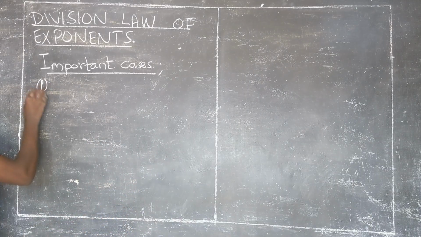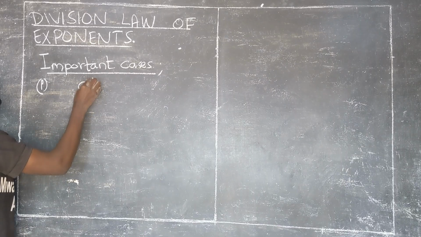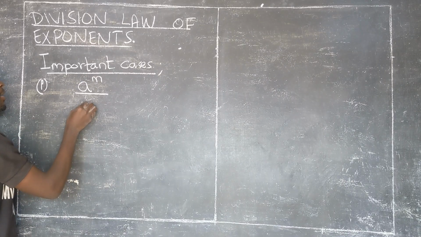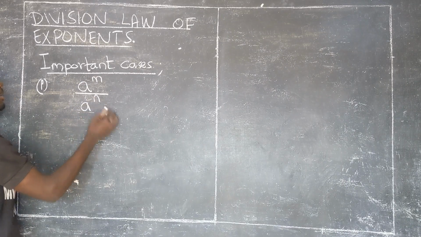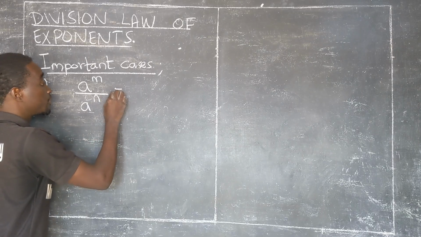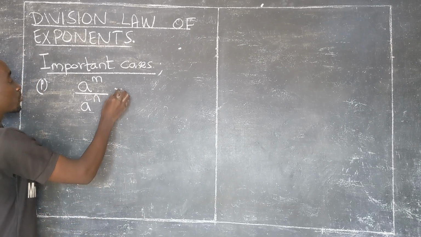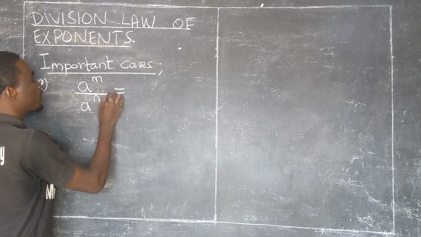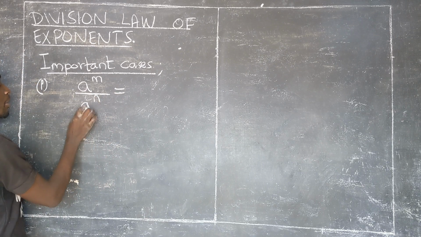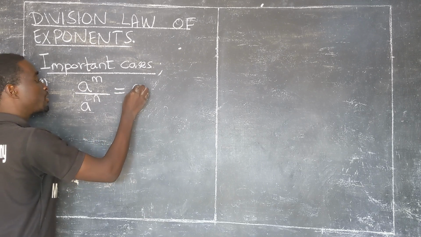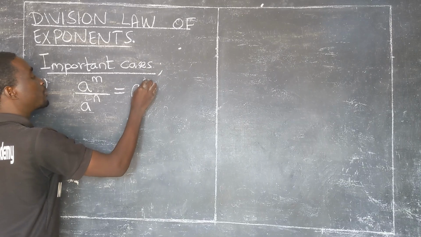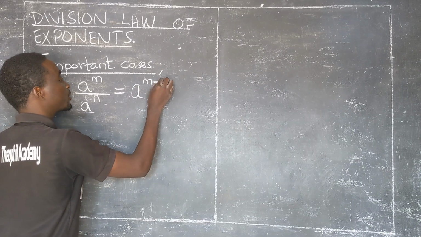Case 1: when you have a raised to m divided by a raised to n, this is equal to, as it is division and the bases are the same, we take a single base, then we subtract the exponents.